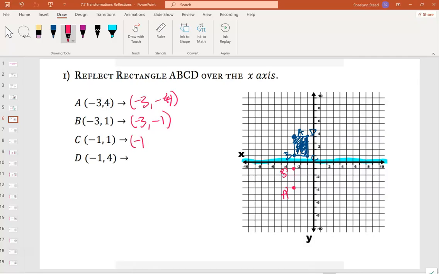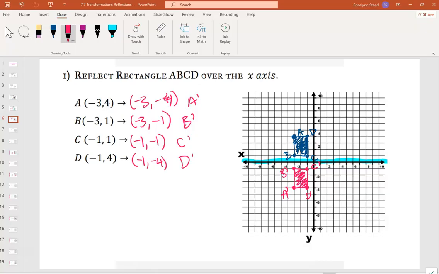So this next one's going to be at -1, -1. So C prime. And then our last one's going to be at -1, -4. So then if we connect it, there's our new rectangle.